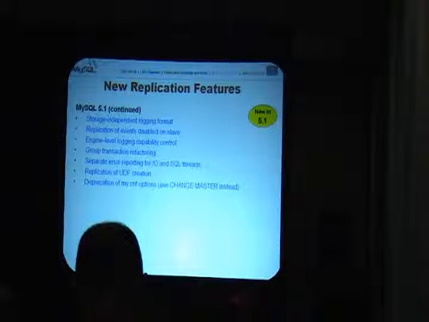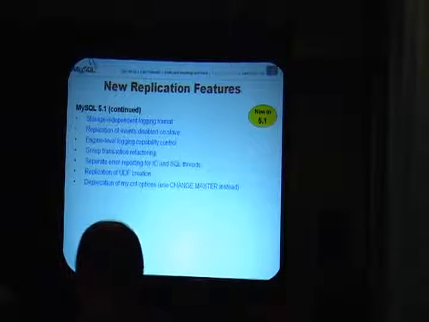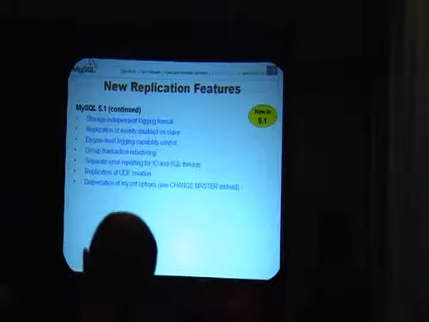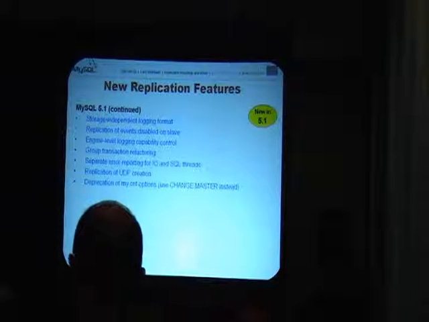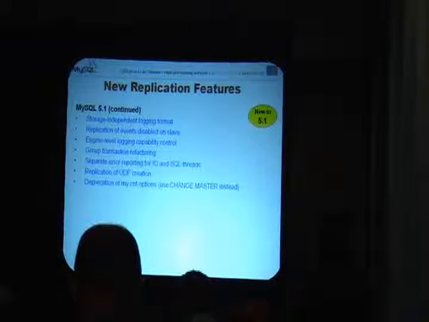Cluster will only use row, and InnoDB will only use row in some circumstances as well. The engine can control this: it can say, I can do this kind of logging and I cannot do this kind of logging, and then the server will pick this automatically.